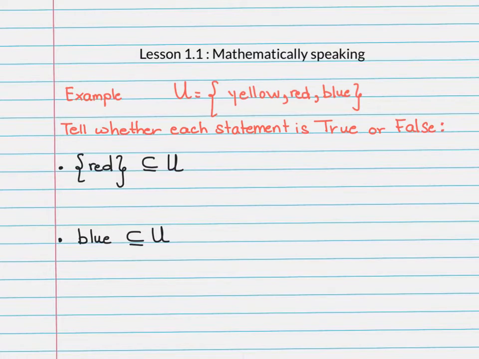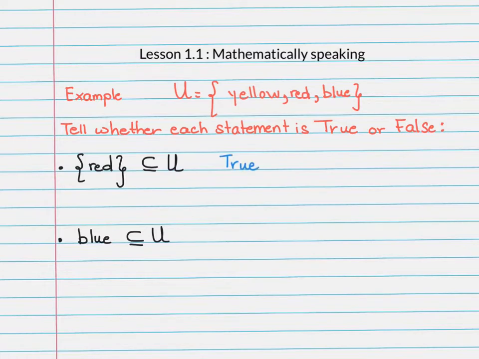First of all, to use the symbol subset, I should have two sets, and that's correct. This is a set because it has curly brackets, and this is a set, a universal set. So condition 1 is acceptable. Then I check, are the elements in this set inside the universal set? Red, is it found in the universal set? Yes. So this statement is true.